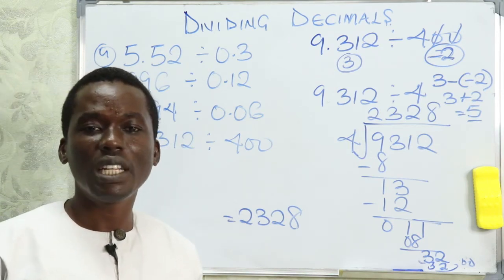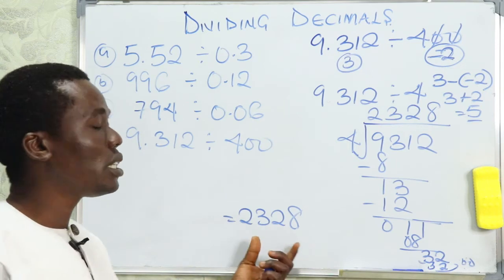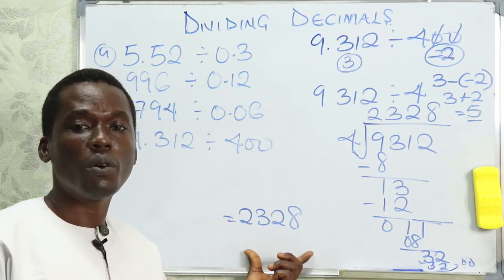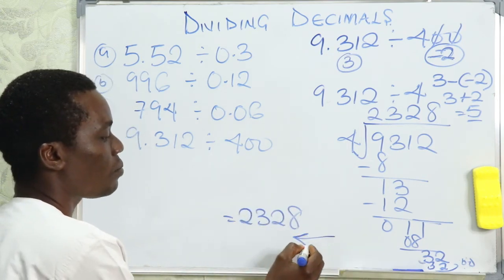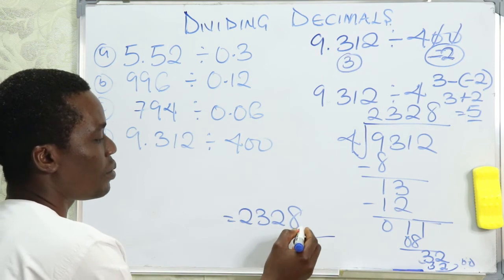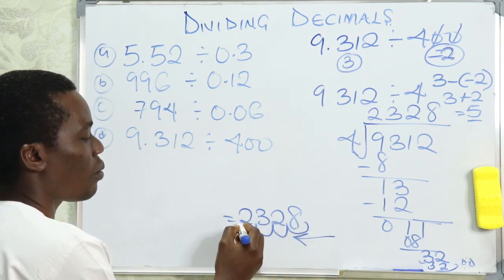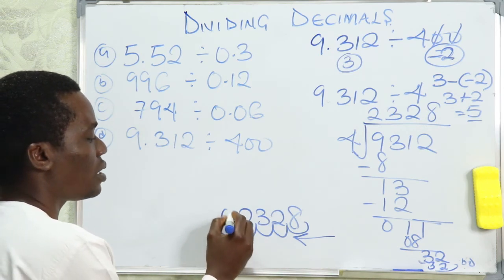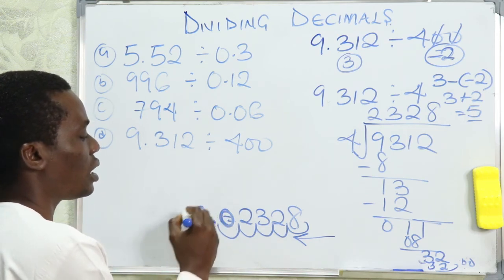Now what does that tell us? That tells us that we are going to have a decimal point 5 places, counting from this way. So what will that give us? That will give us 1, 2, 3, 4, and 5. So we'll have a 0 here, we'll put another 0 here, we'll put our decimal point and another 0 here.